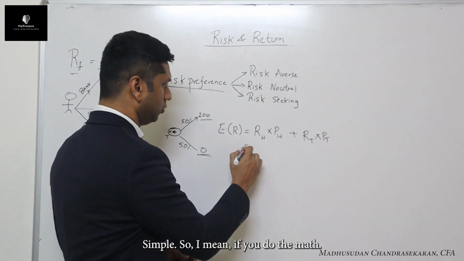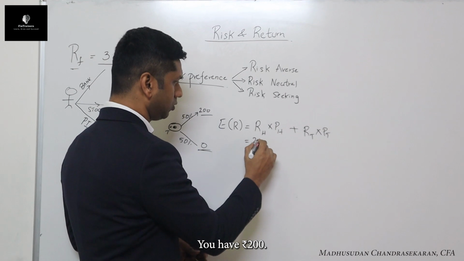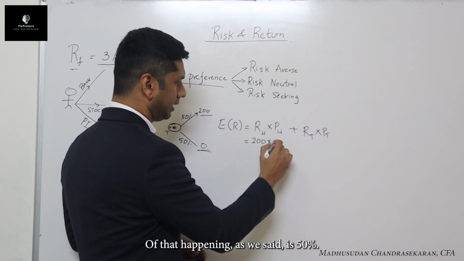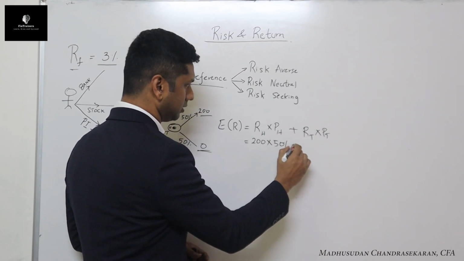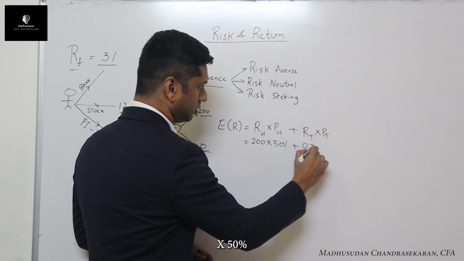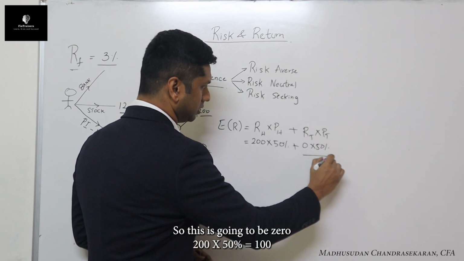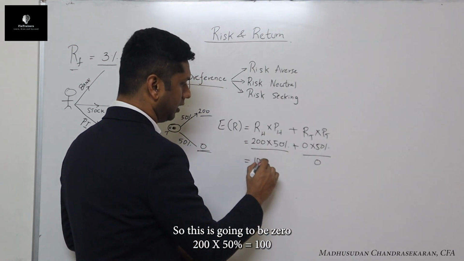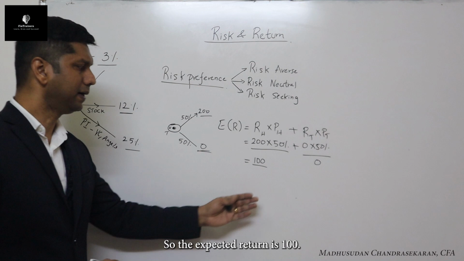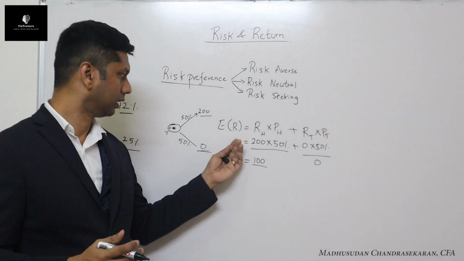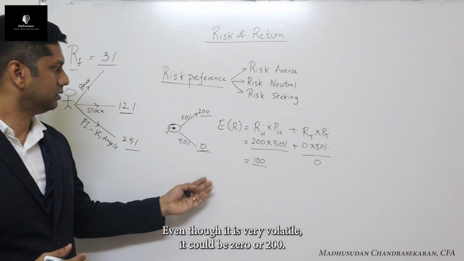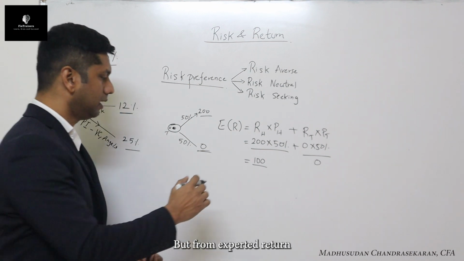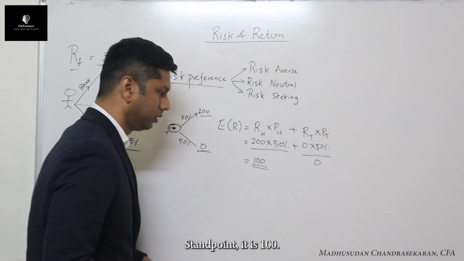So again, if you do the math, you have 200 rupees, and the probability of that happening, as we said, is 50%. Same thing, 0 into 50%. So this is going to be 0, 200 into 50% is 100. So the expected return is 100, even though it is very volatile. It could be 0 or 200, but from expected return standpoint, it is 100.